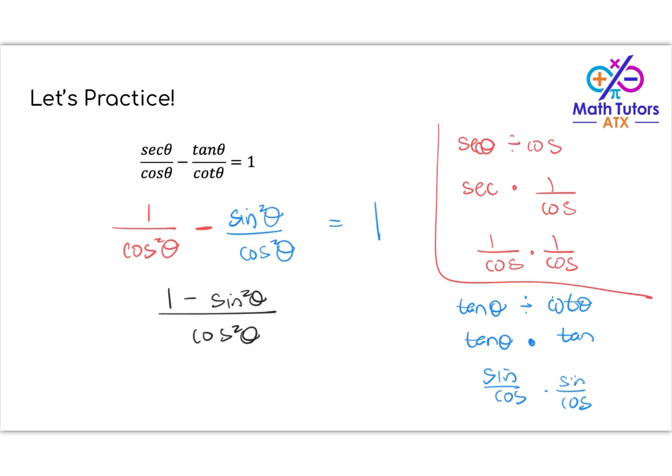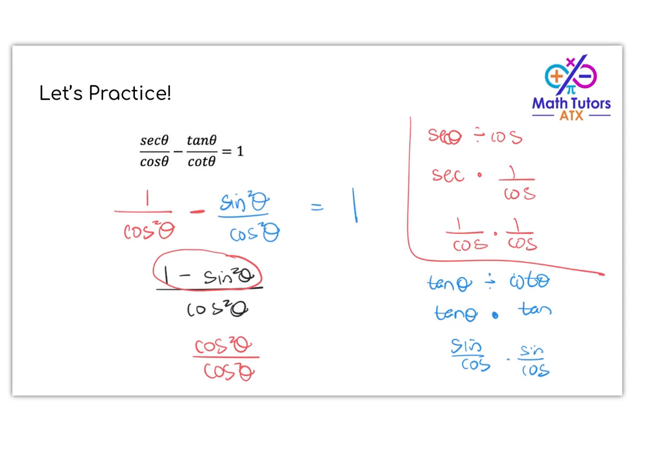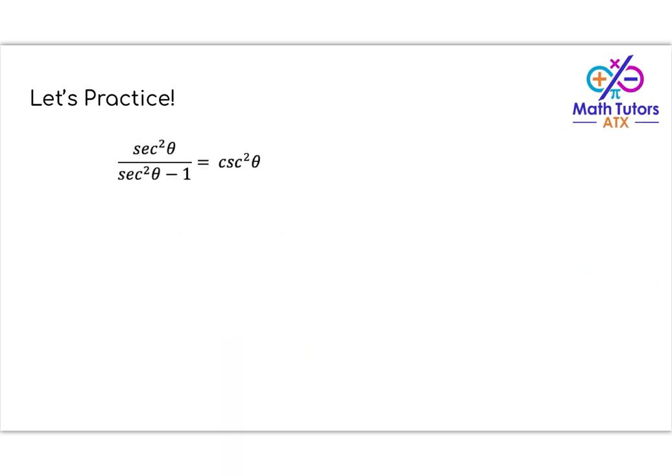Super cool. Okay, and then just like in the last one, we can replace 1 minus sine squared with cosine squared over cosine squared, and that is just going to equal 1. And there we go. Yay! Done with our proof.